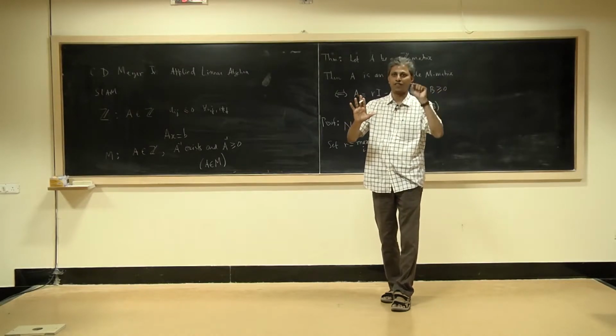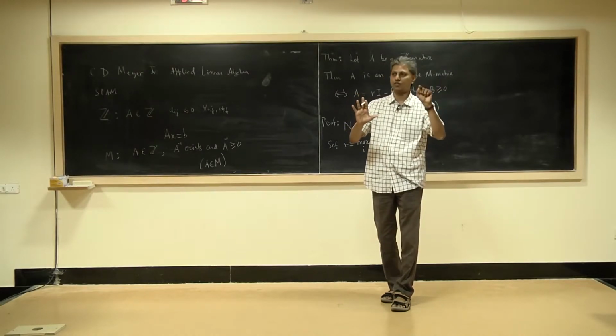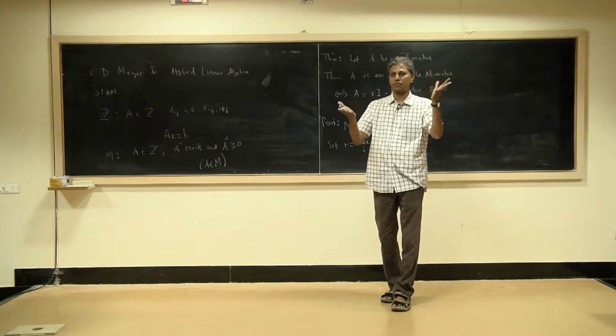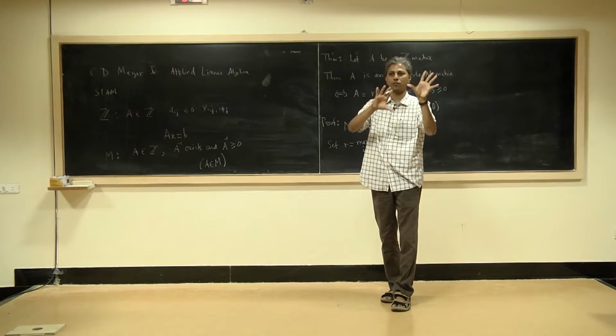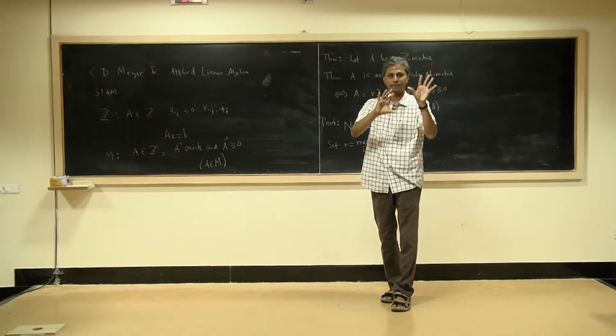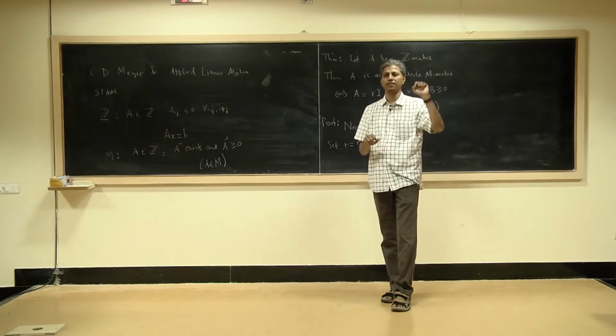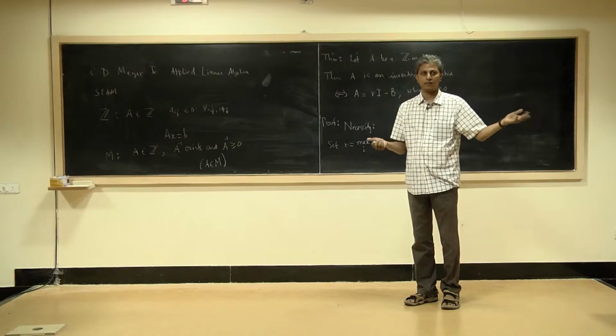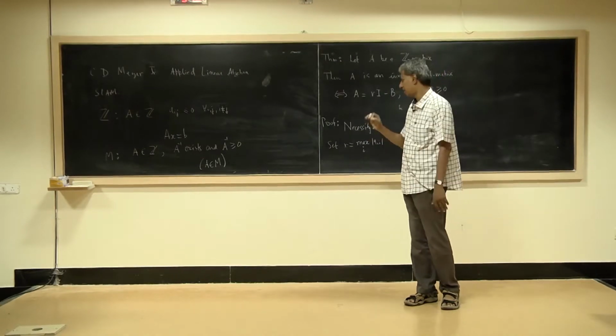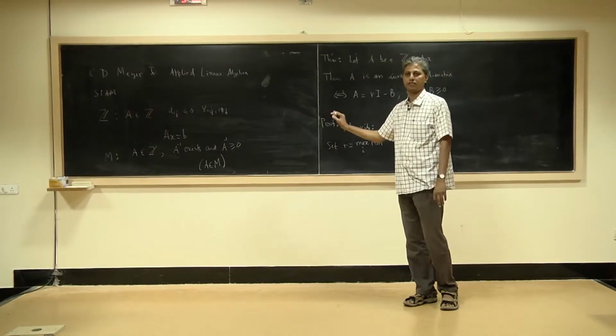If this diagonal entry is also non-positive, then the matrix product, which is the inner product of the first row of A with the first column of A inverse, cannot be identically 1. So the first diagonal entry must be strictly positive, and this applies to all the diagonal entries. So all the diagonal entries of an invertible M matrix must be positive.